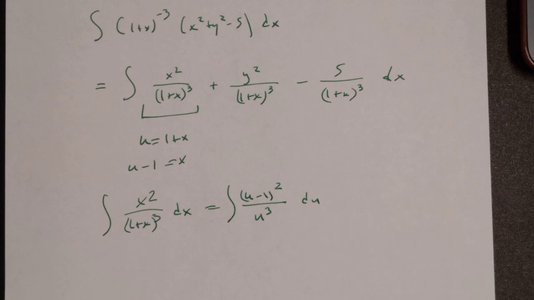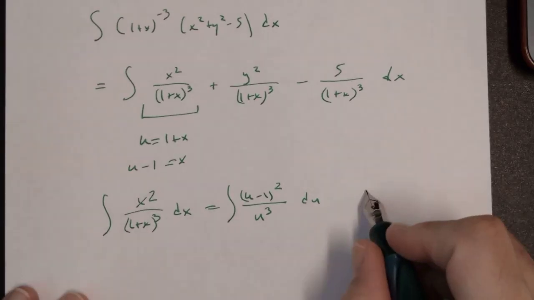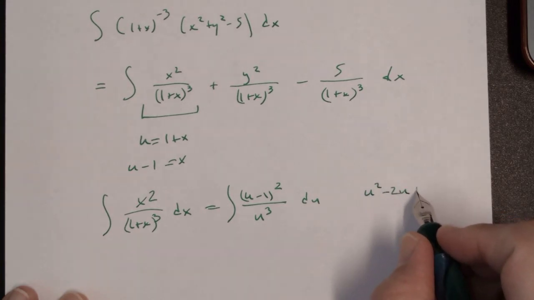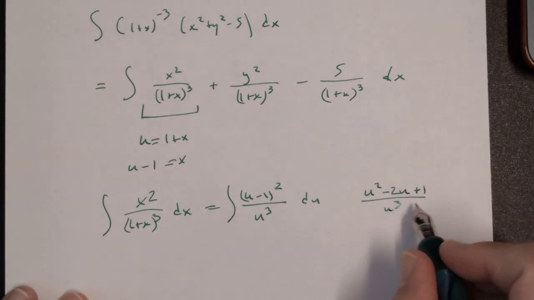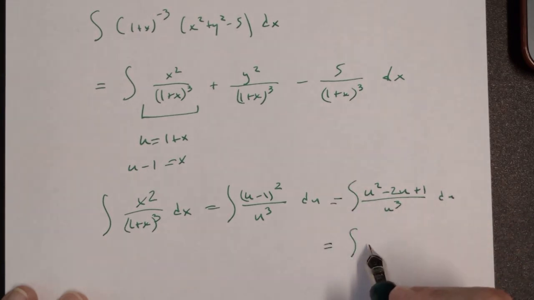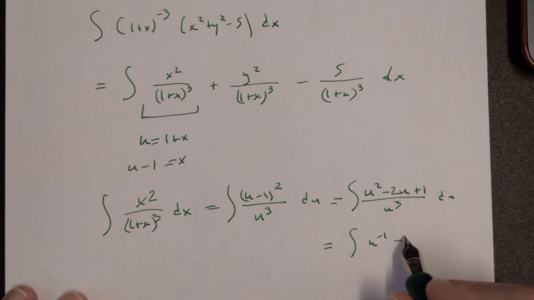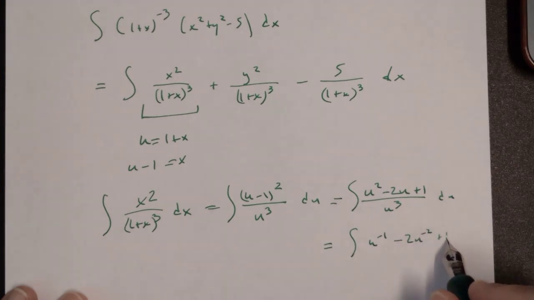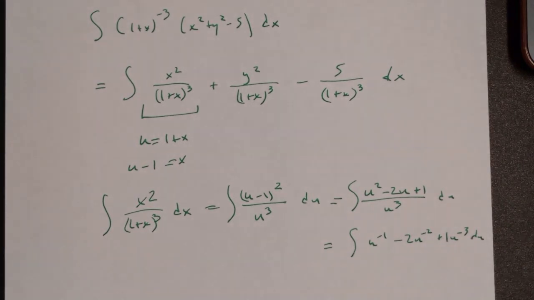And now instead of multiplying out the bottom, we get to multiply out the top. That'll be easier to integrate, won't it? Yay, it just became all power rule.